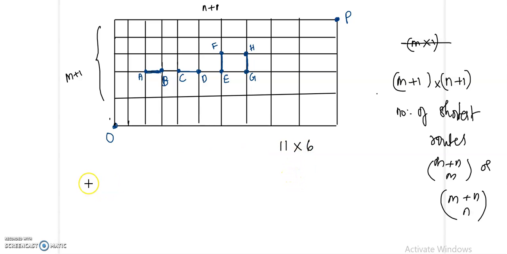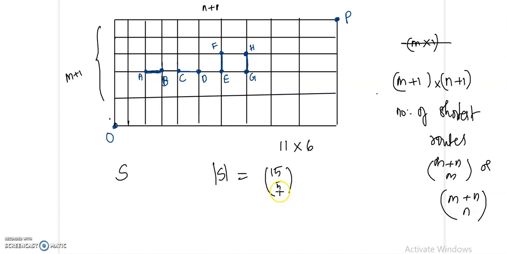So the universal set S will be the set of all shortest routes from O to P. The cardinality of S, for an m plus 1 by n plus 1 grid, where m will be 10 and n will be 5, so you will get 15 C 5. That will be the cardinality of S.